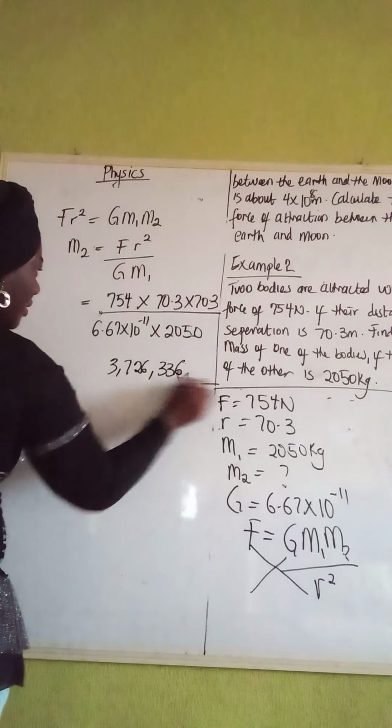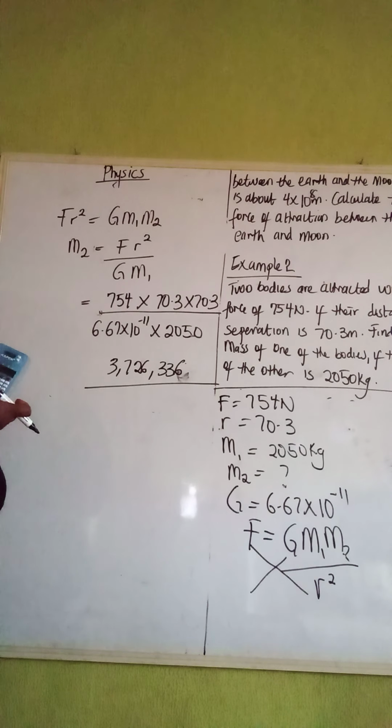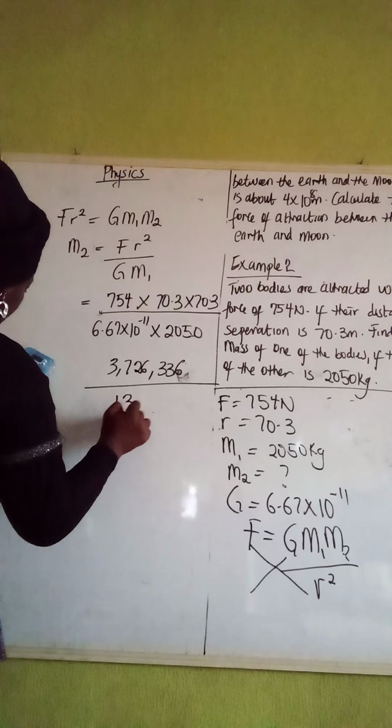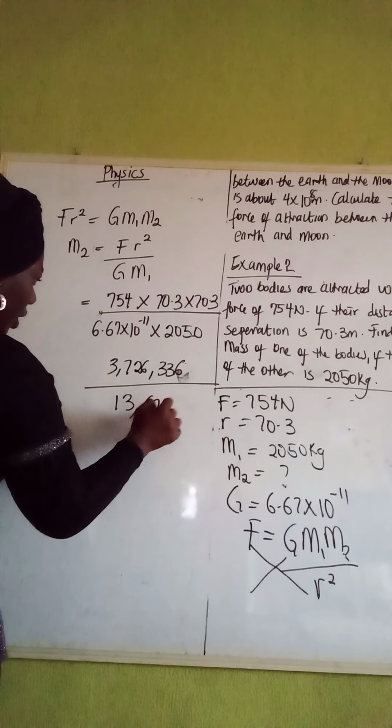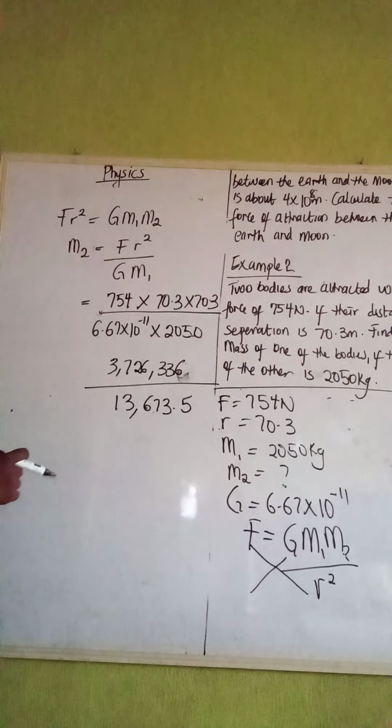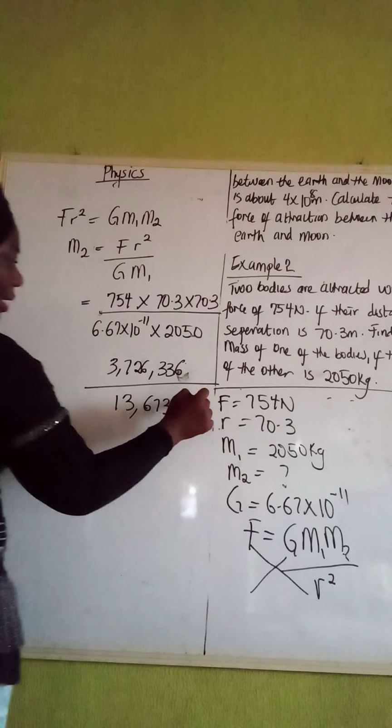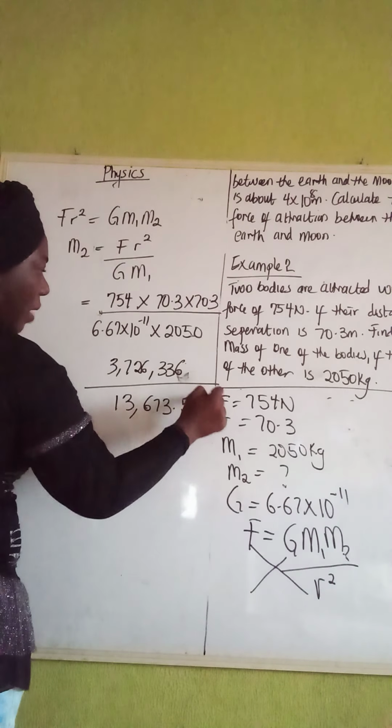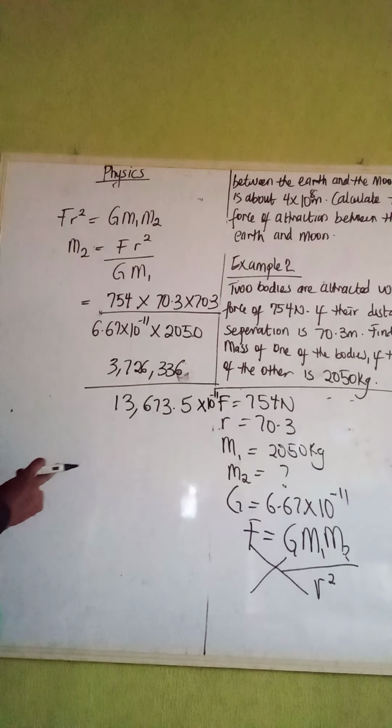Now let's leave this one. Multiply 2050 by 6.67. This one will also give us 13,673.5. Remember this one has what here? Times 10 raised to the power minus 11. I hope you've not forgotten that.